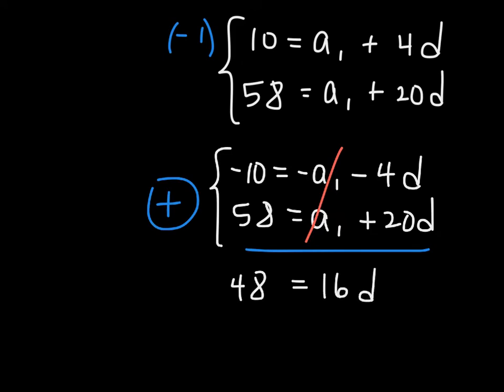When you divide both sides by 16, you find that 48 divided by 16 is 3. The common difference is 3. That's what we needed for the general term.